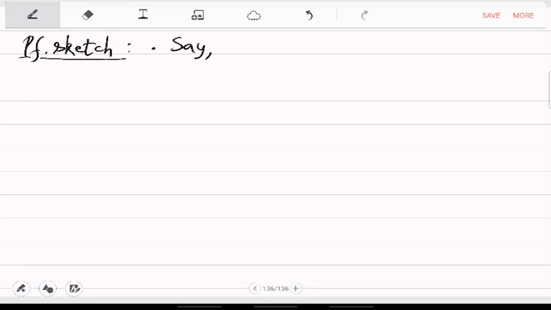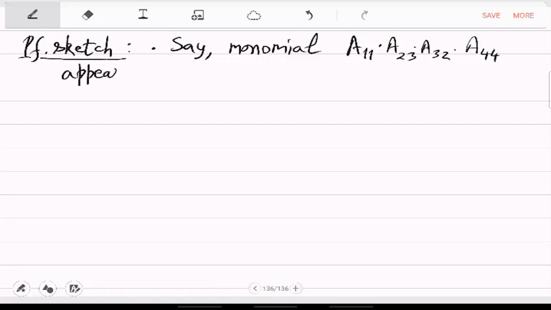Say the monomial A11, A23, A32 and A44 appears non-trivially in the permanent.